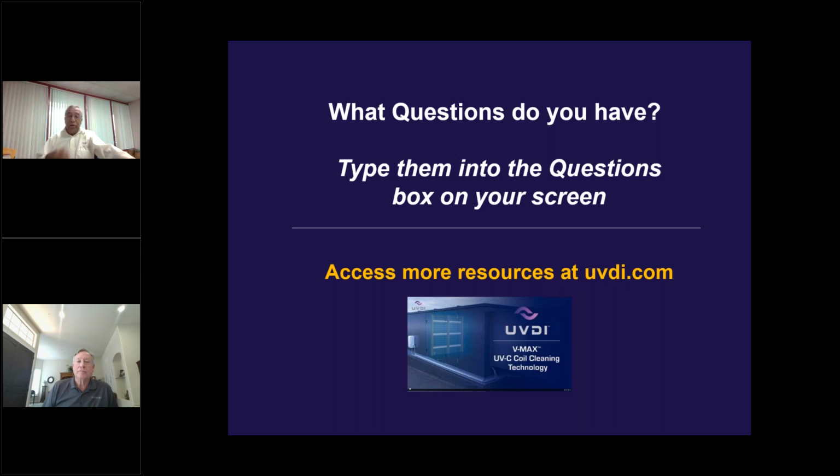So UV has been used for air disinfection, of course, for a number of years, and it's all about how much dose you're applying. There's an ASHRAE guideline for air disinfection. This topic is on coil, but for air disinfection, ASHRAE recommends a minimum dose of 1500 microwatts.